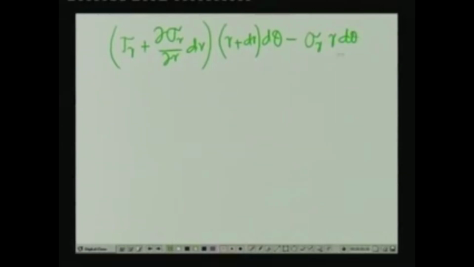sigma r plus del sigma r del r into dr is the normal stress on the outer plane multiplied by the area, which is r plus dr times d theta, minus the normal stress acting on the first plane where sigma r acts, which is sigma r, the stress, times r d theta times 1, the area. So, this is the force.